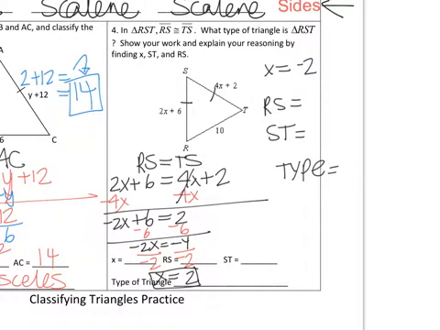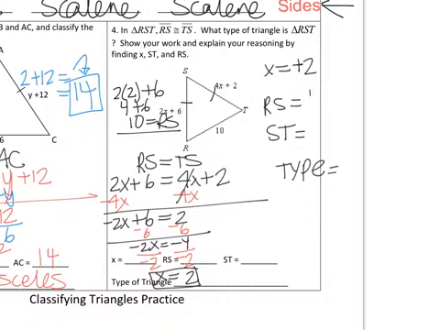Now they're asking for RS. X is 2. RS is 2 times x plus 6. 2 times 2 is 4 plus 6 is 10.